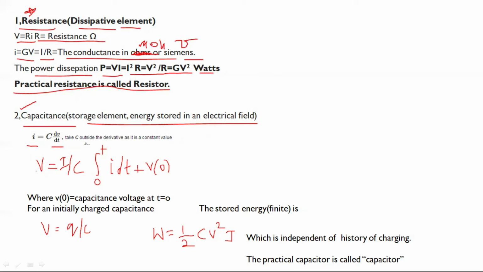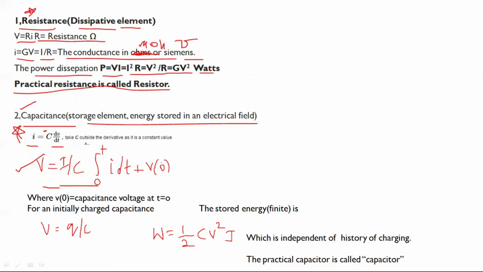Then I is equal to C dV by dt, where C is equal to capacitance in farads.